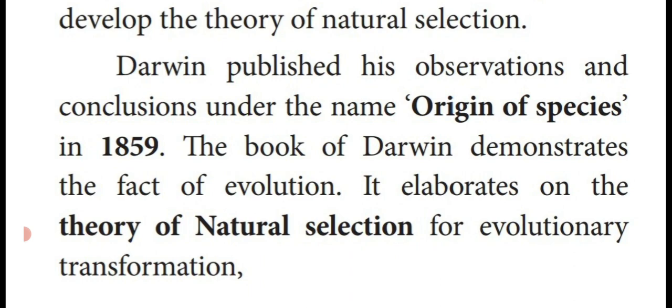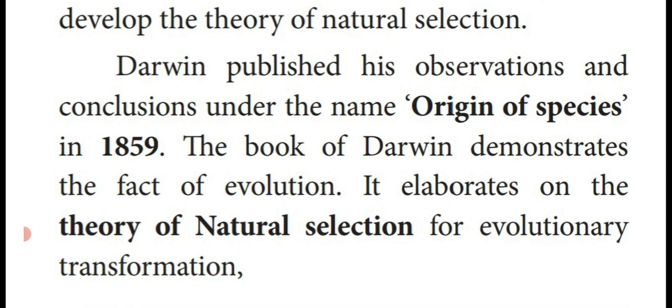The elaborate notes on evolution are known as the theory of natural selection for evolutionary transformation. That means the theory of natural selection demonstrates how the gradual changes occur from the past to the present, and also how characters are transferred from one generation to another.